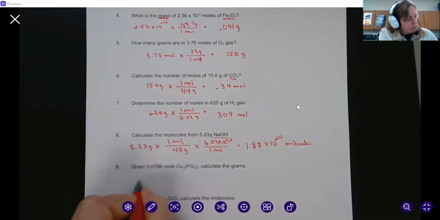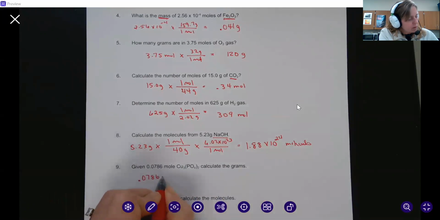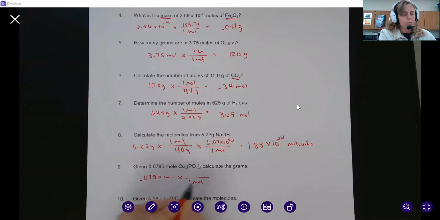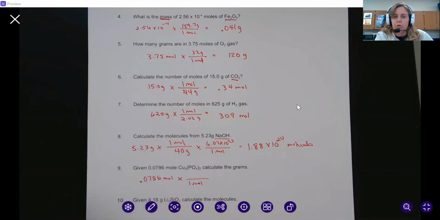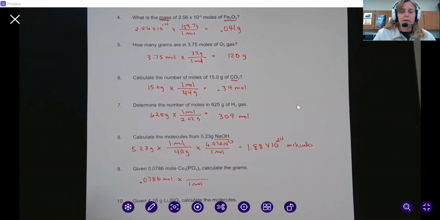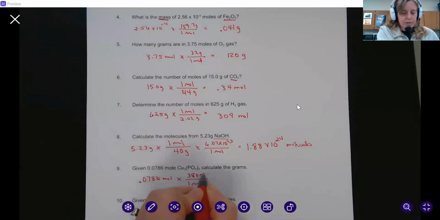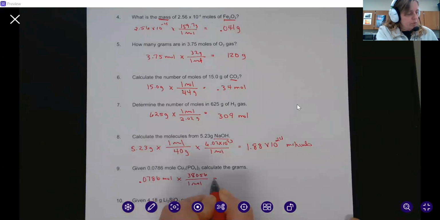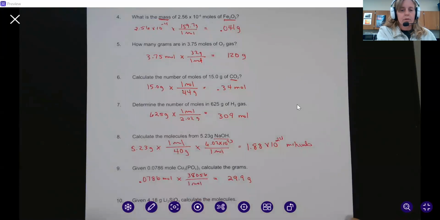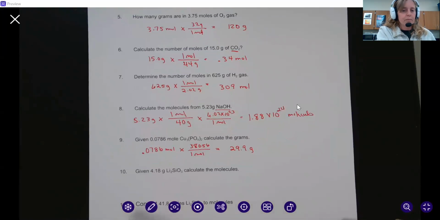Now, the next one, we're going to do a basic one again where you go from moles to grams. So once again, we have to calculate the molar mass of copper phosphate, which is 380.57 times 0.0786, and it's going to give you 29.9 grams. Okay?